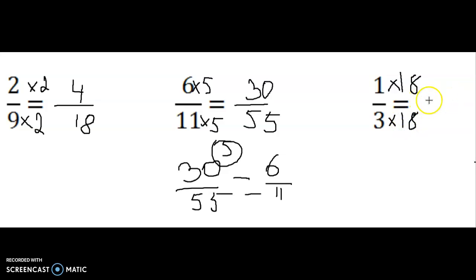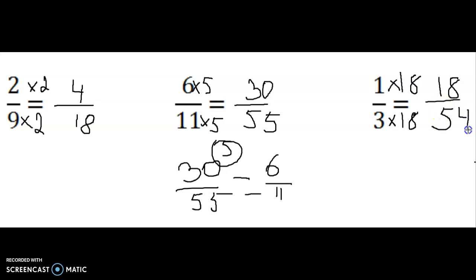Okay, I will challenge myself a little bit. 1 times 18 is 18. 3 times 18 is 54.